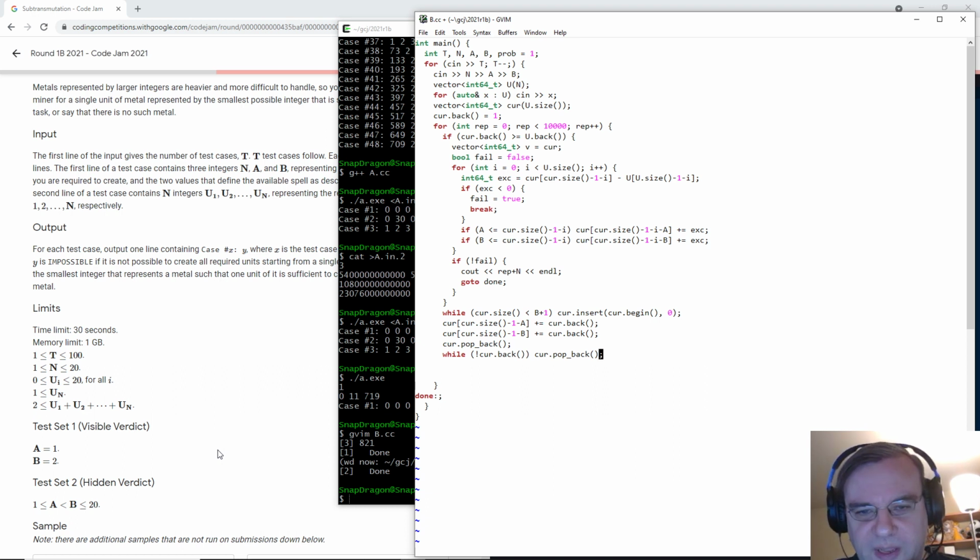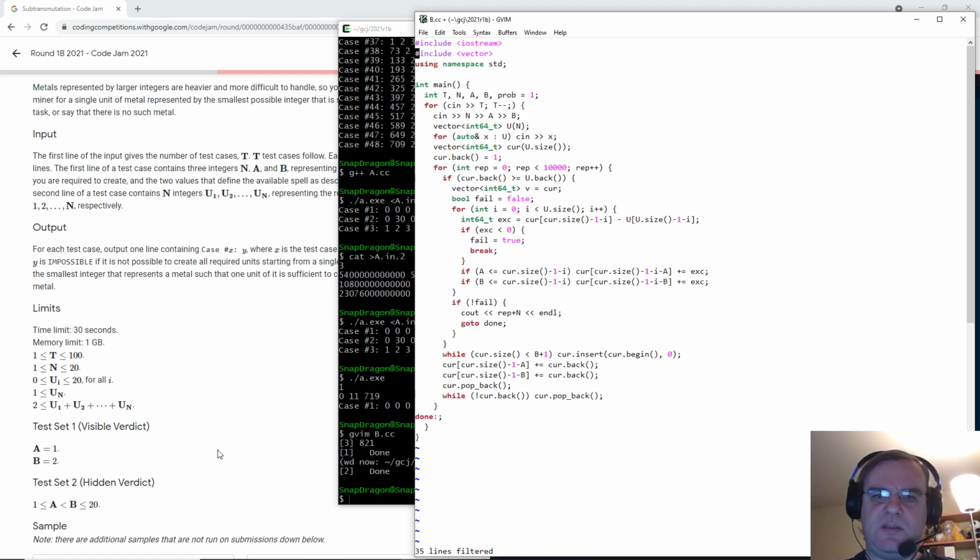I'm never going to run out of metal, so I don't have to worry about the zero condition there. All right, I actually think this is sufficient. Let's see if that works.